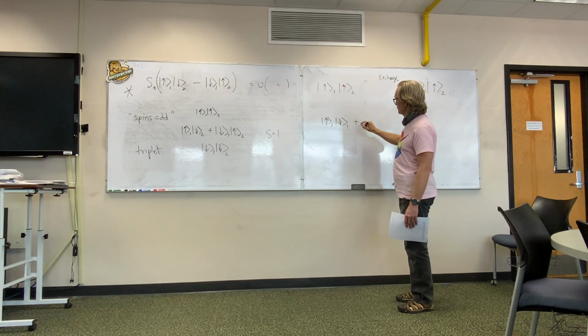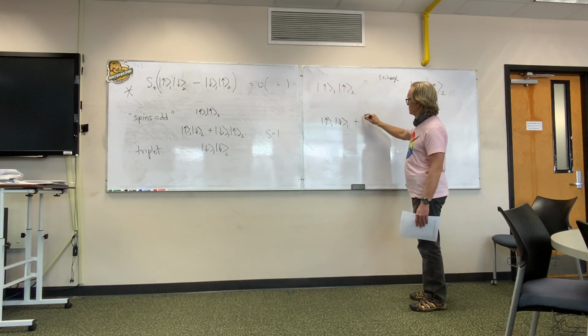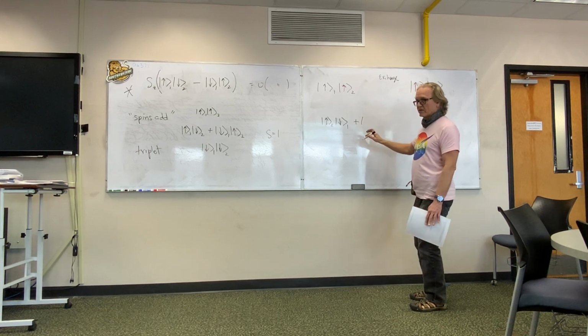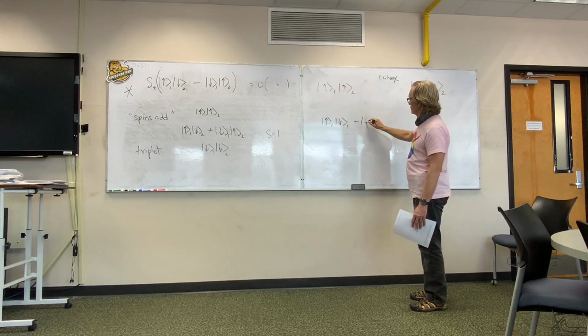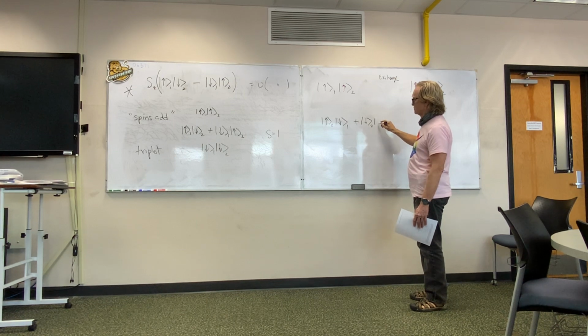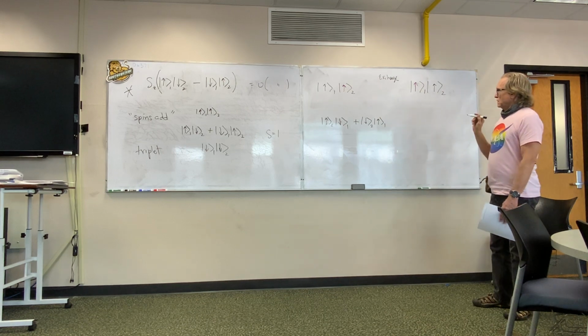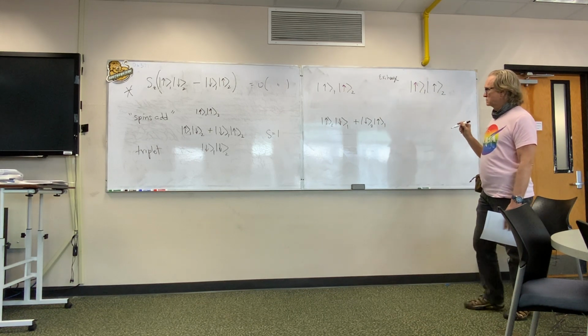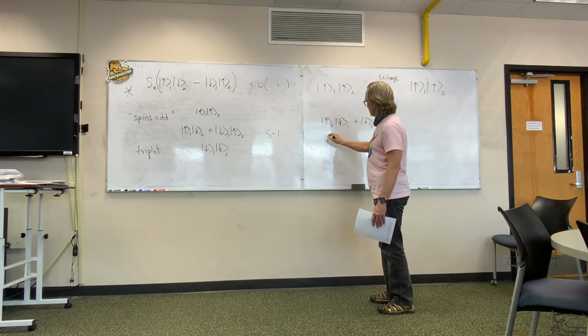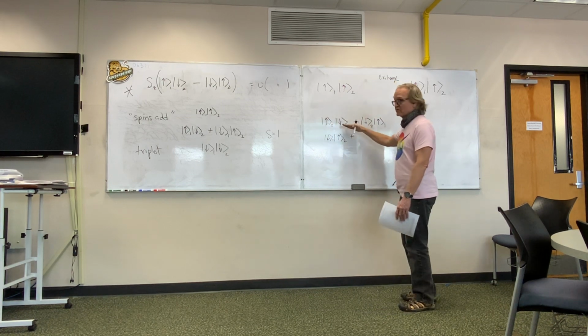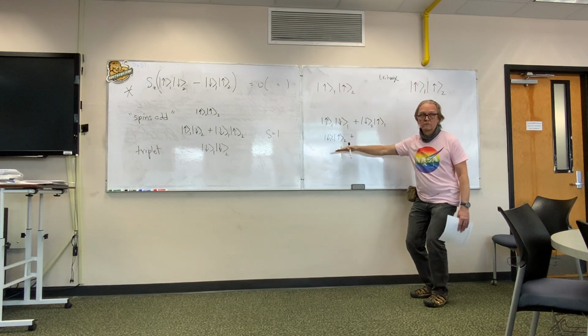Plus, what motif are we using? Leave the state alone, change the label. That's going to be down 2. And that one's going to be up, but it's going to be 1. Is that the same? Down 1, up 2 is really the same as down 1, up 2, plus, this is not me exchanging, this is just me rewriting this one.